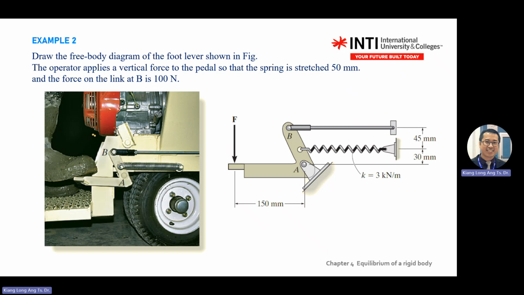So it's highly recommended you convert the units into SI units first when you solve. If you see spring, or anything that is in millimeters, convert the answer into meters if you can, to avoid careless mistakes in calculation. Okay, so before we move on, you're given the spring is stretched 50 mm, force on the link is 100 Newton.